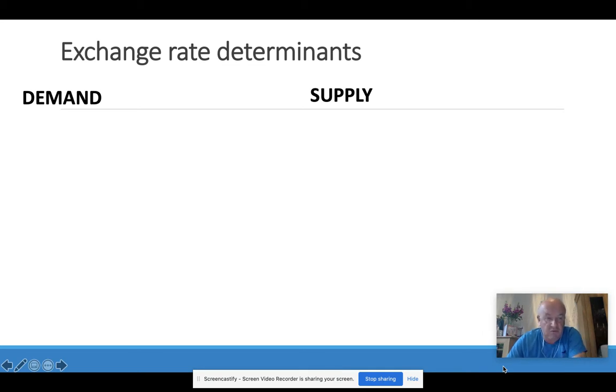So if we take a look at demand in the first instance, then obviously if we get higher or lower levels of exports for our goods and services, that clearly is going to have an effect on the demand for our goods and services, and also the amount of currency that people will need to buy in order to purchase the exports in this instance.